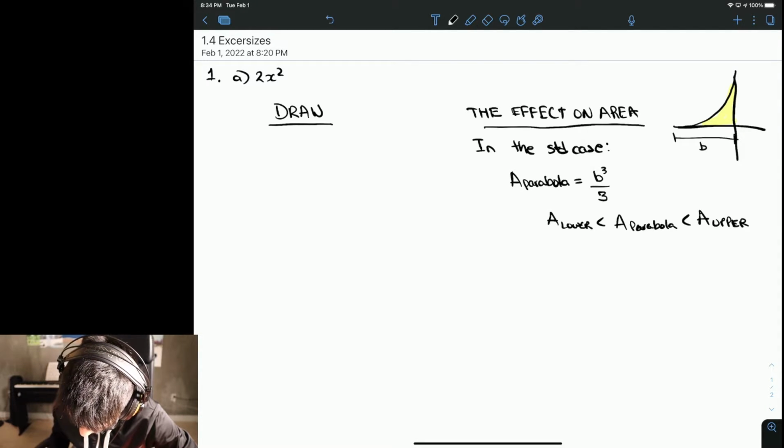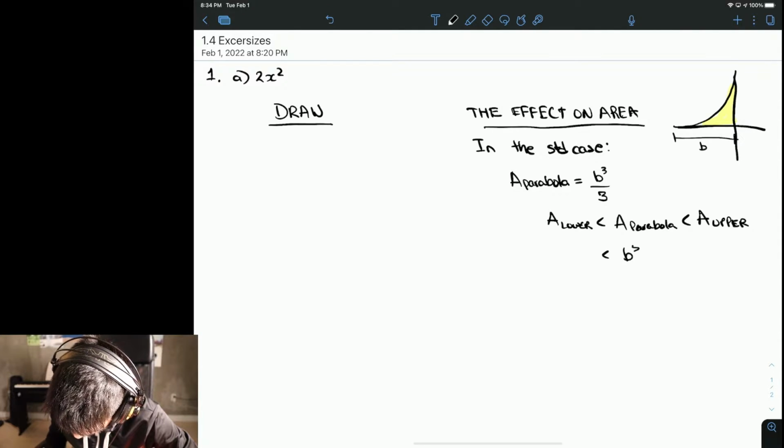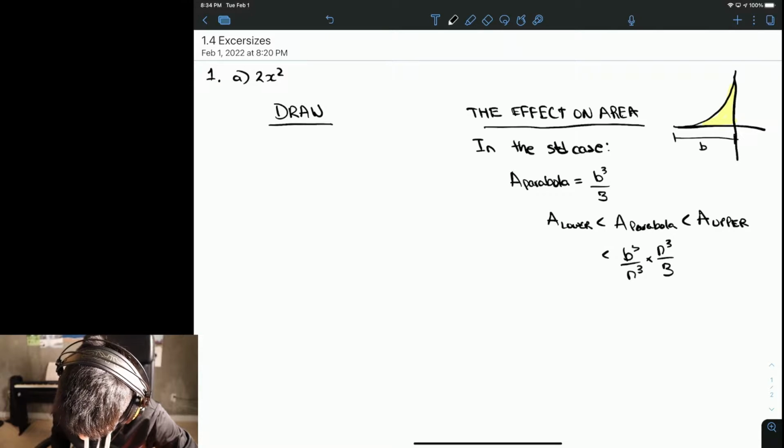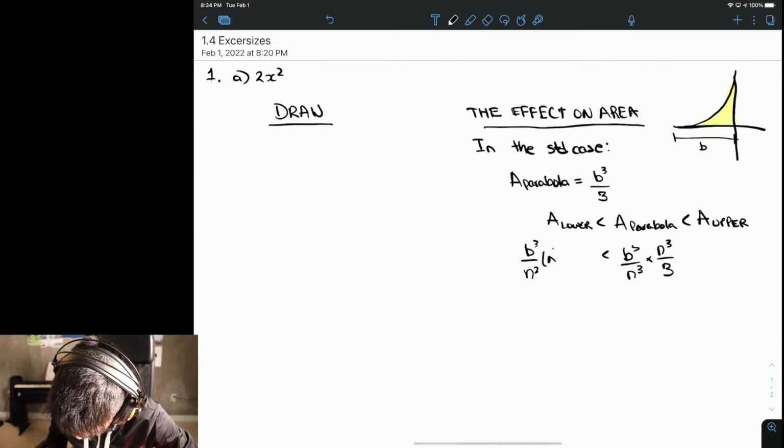And what we would find is that this can actually arithmetically be written as b cubed over n cubed multiplied by n cubed over 3, minus n squared over 2 plus n over 6.